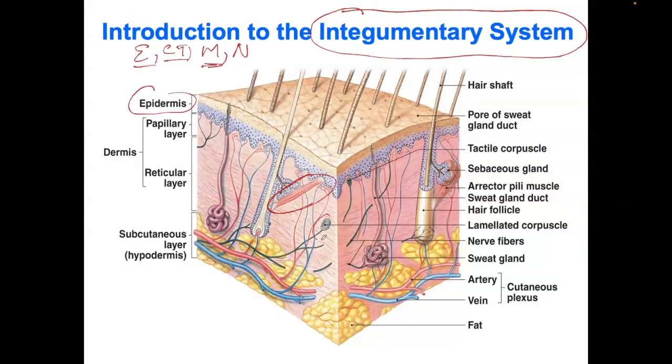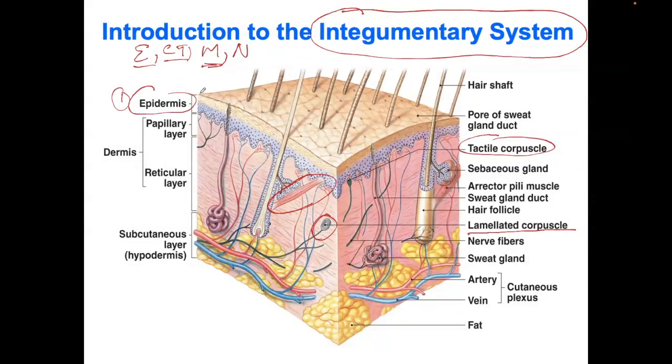And then here, the lamellated corpuscle, these are touch receptors. Tactile corpuscle, touch receptors. Lamellated corpuscle, also known as the Pacinian corpuscle. These are pain receptors and pressure receptors. Okay, so we have all types of tissues.